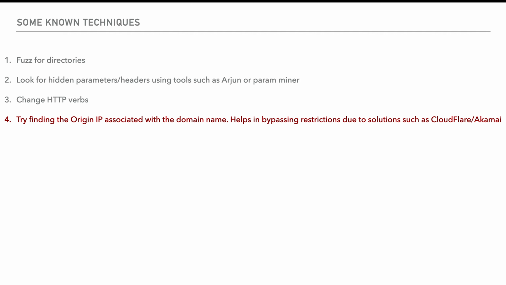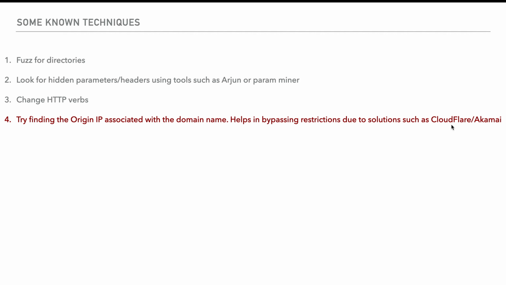Now one thing that has surprisingly worked is finding the origin IP associated with a domain name. Most of the time, your website or application is behind certain solutions like Cloudflare, Akamai, or some other software solution.